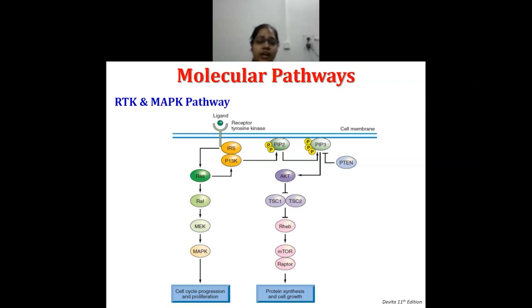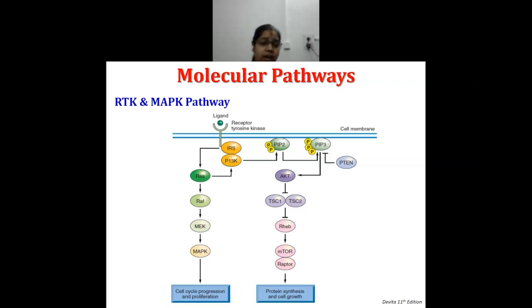Another pathway which is of importance is the receptor tyrosine kinase and the mitogen activated protein kinase pathway. The most important receptor being the epidermal growth factor receptor. In this pathway, when the ligand binds to the receptor, dimerization occurs, and later the internal subunit of the receptor, which houses the PI3K, undergoes numerous changes.